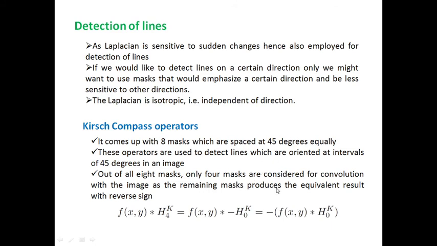If it is a 45 degrees line, or a 90 degrees vertical line, or a 135 degrees line, I can also give that result. So it all depends upon the mask we are applying here.